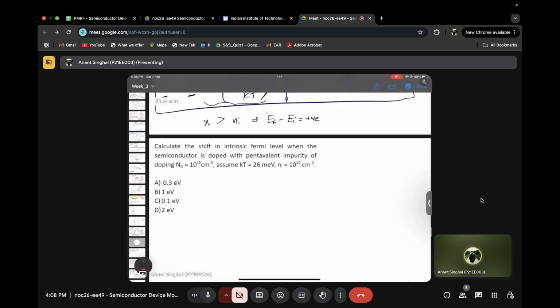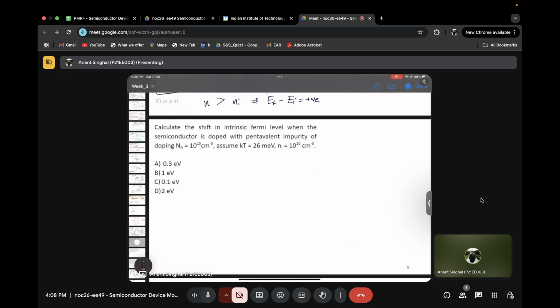Okay, if not, quickly let me know the answer to this. First of all, tell me what we need to calculate. It says calculate the shift in the intrinsic level when the semiconductor is doped with pentavalent impurities of this doping.